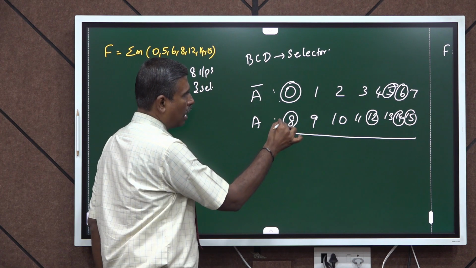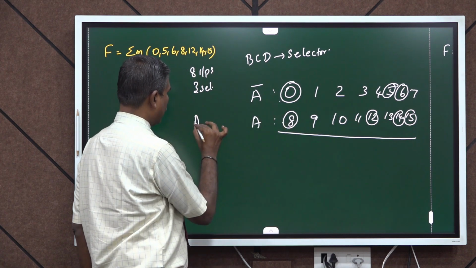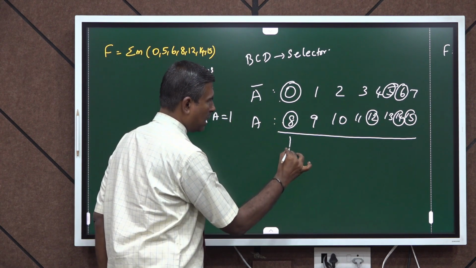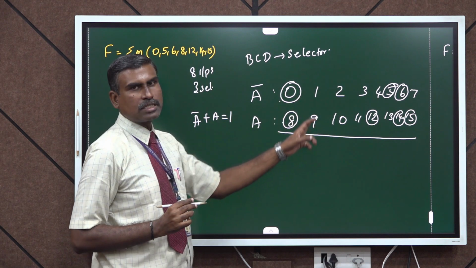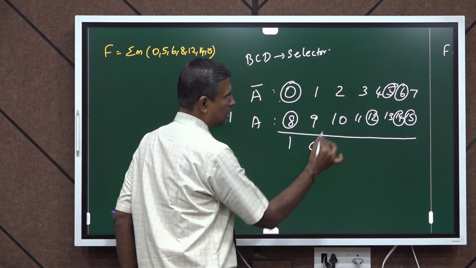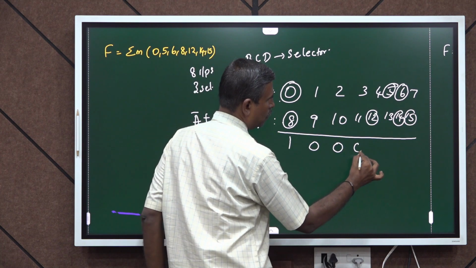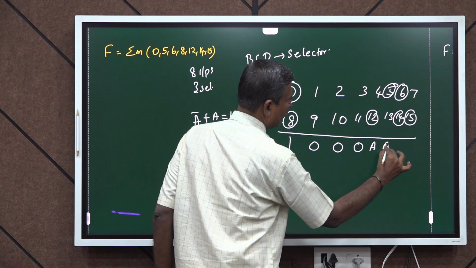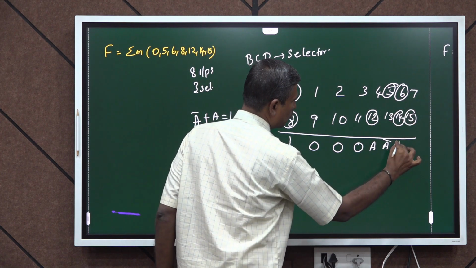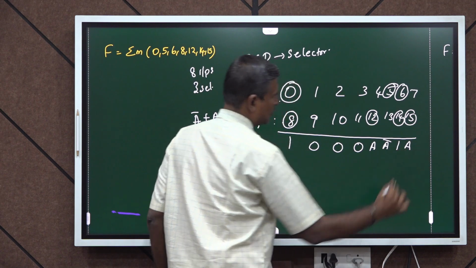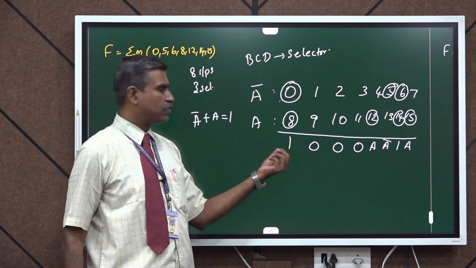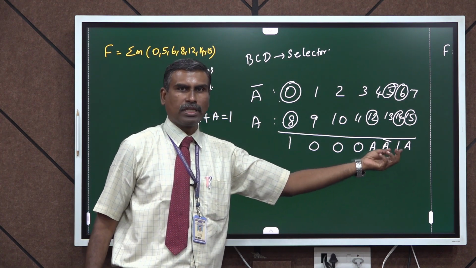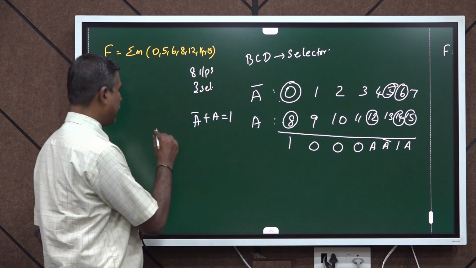Here both are circled, which means A bar plus A, which equals 1, so the first input is 1. Here nothing is marked, so it is 0, the second also 0, the third also 0. In the fourth we have the value A and in the fifth we have A bar. Here both are marked, so it is 1, and here it is A. These represent input 0, input 1, input 2, input 3, input 4, input 5, input 6, input 7 for the 8:1 mux. So we implement the 8:1 mux.